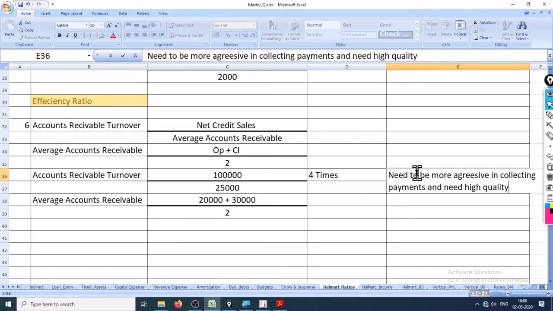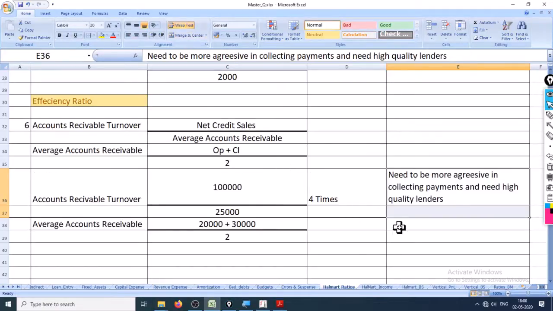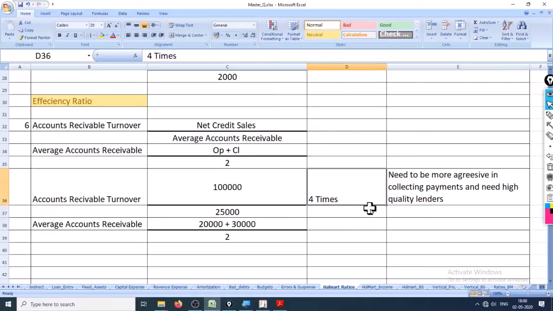Now I really wonder what will be the ratio of our own company, because we have not received any amount. So as this is 4 times, only 4 times is money received. You can see.